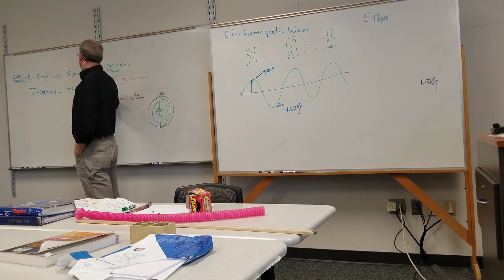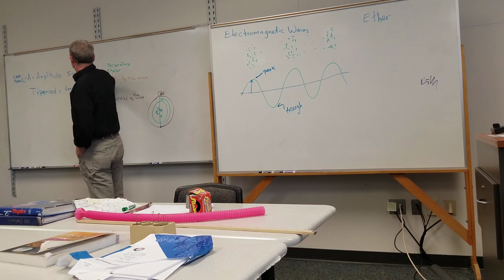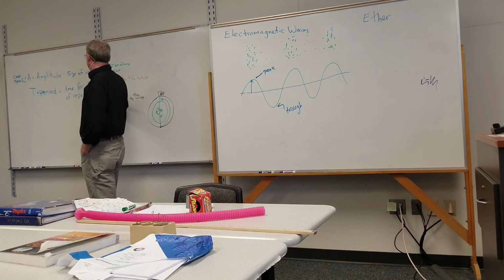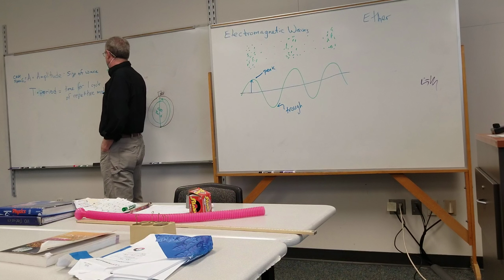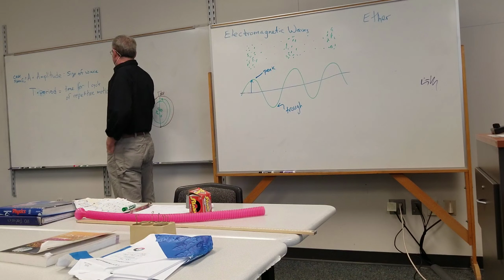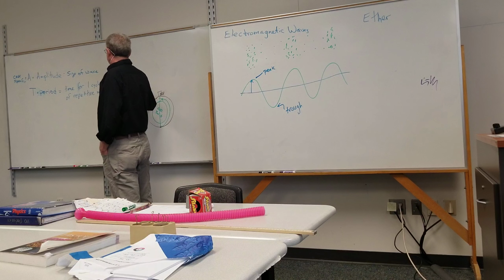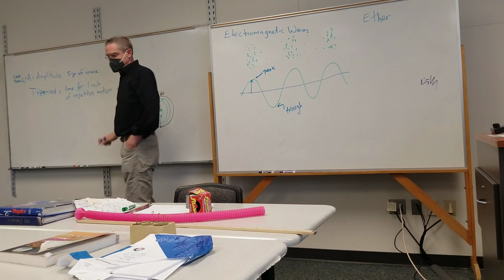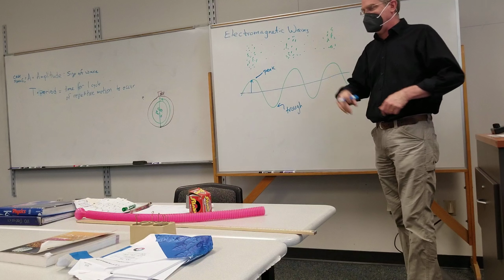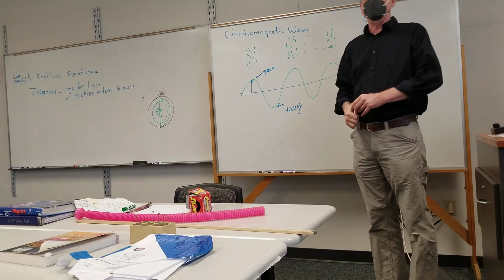to, let's do time for one cycle of repetitive motion to occur. So if I've got something oscillating up and down, the period is just how long it takes to do it once.